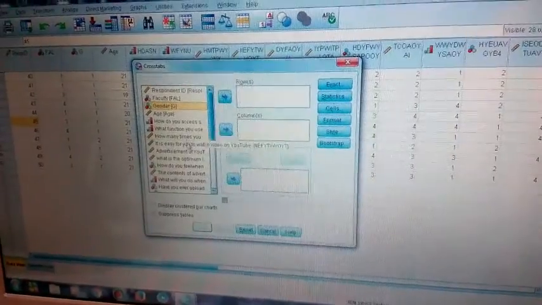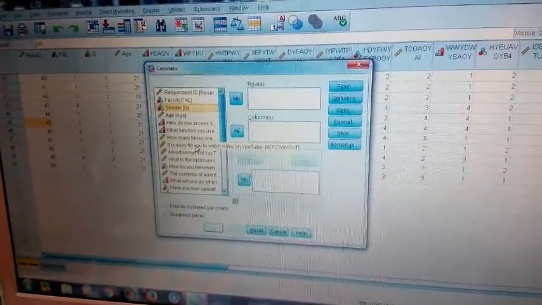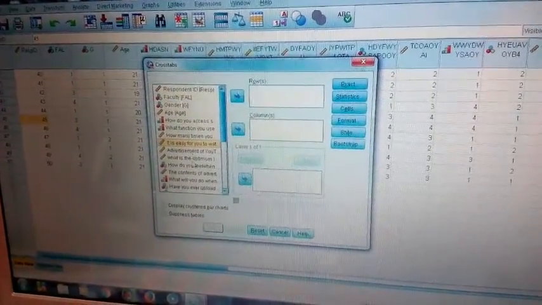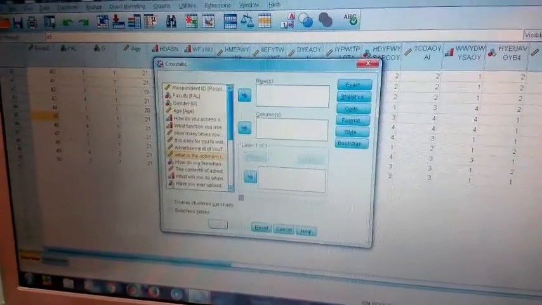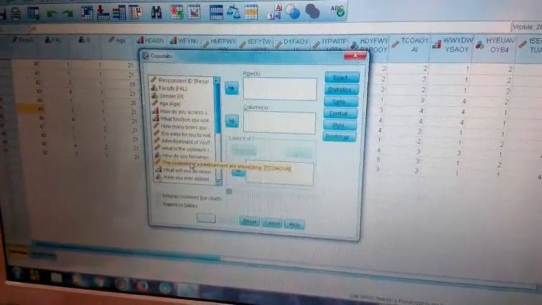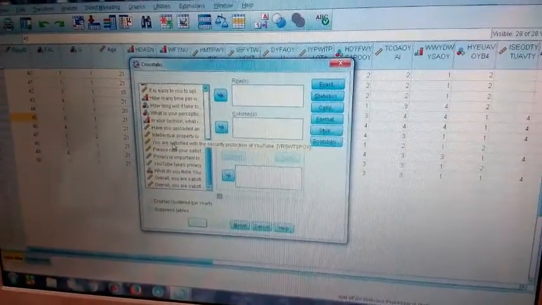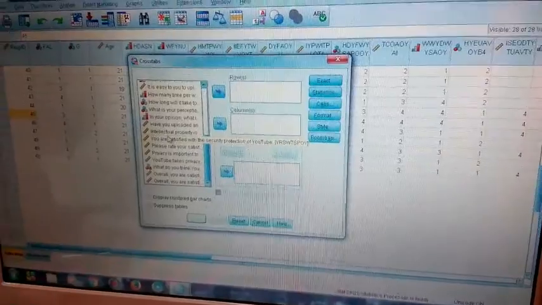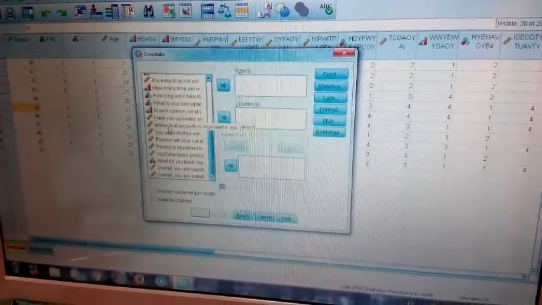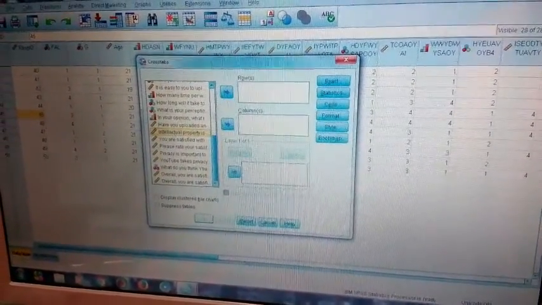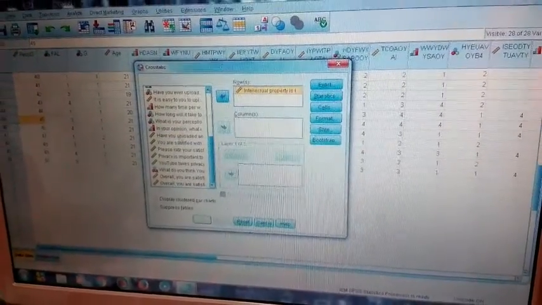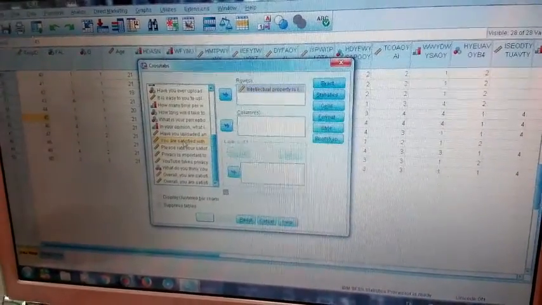How easy is it for you to watch video? And let me see another one. Contents of advertisement. How important is privacy, and are you satisfied? Let's say these two: intellectual property is important to you, and you are satisfied.